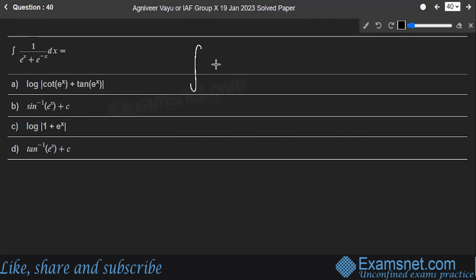Next is question number 40. The integral of 1 upon (e raised to power x plus 1 upon e raised to power minus x) dx is equal to what? Okay. See, one formula we know: the integral of 1 upon 1 plus x square dx is equal to tangent inverse x plus c, right? So now let's get back to our question.